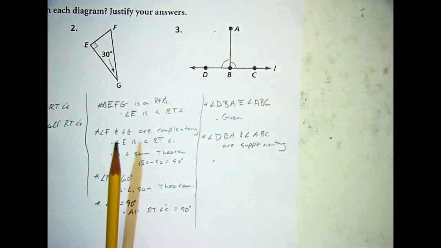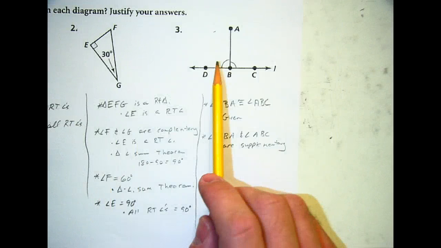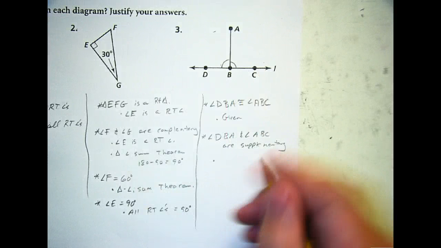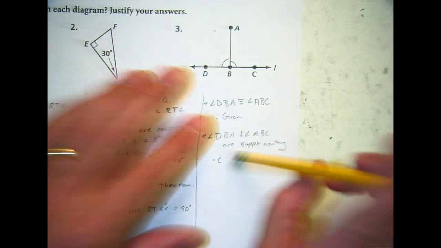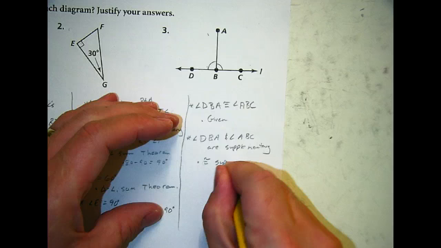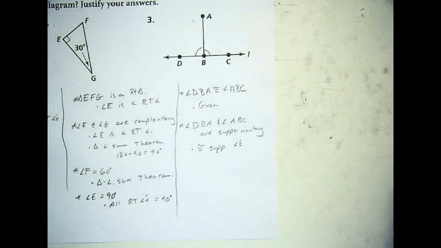They're 90 because it's on a straight line and the angles are congruent. Good. Remember the theorem. The theorem says congruent supplementary angles are equal to 90 degrees. So all we have to say, and we can abbreviate it, is they're congruent supplementary angles. We have a theorem for that.